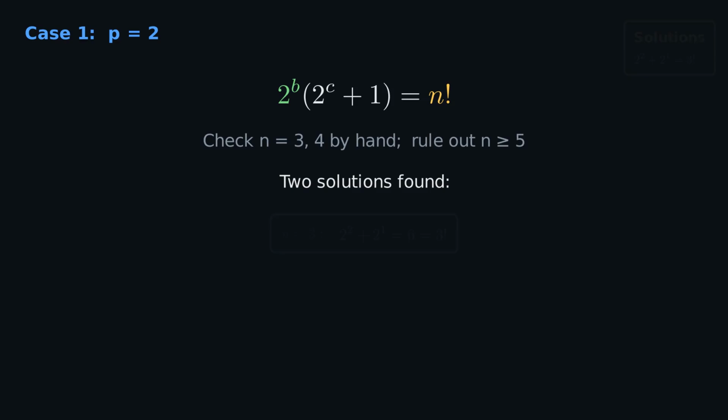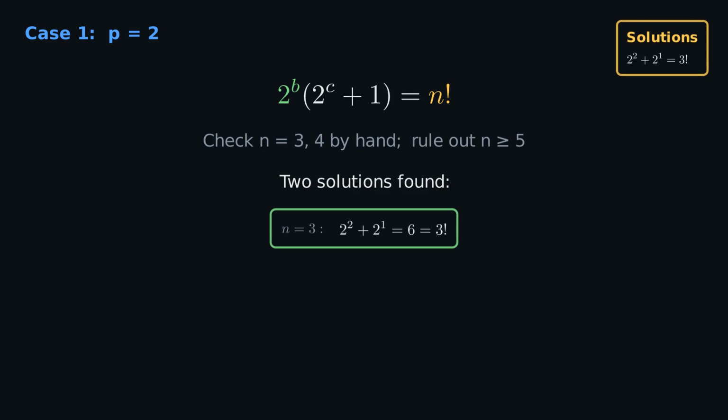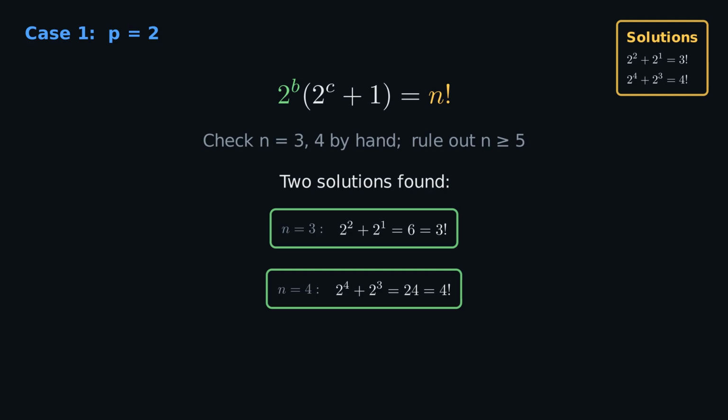For n equals 3, a equals 2, b equals 1 works, since 2 squared plus 2 equals 3 factorial. And for n equals 4, we have a equals 4, b equals 3, which is also a solution, which gives us 2 to the 4th plus 2 to the 3rd equals 4 factorial. And you can double check those by hand if you want.